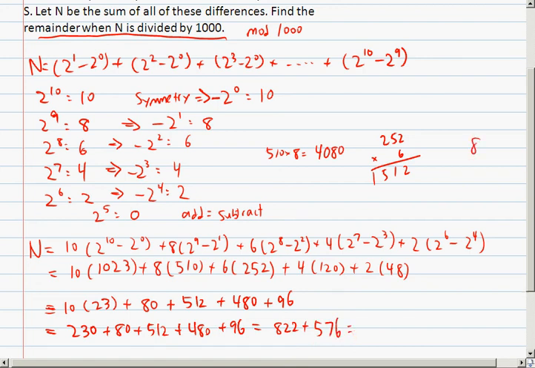And adding all of that together gives us 1398, and that is congruent to 398 mod 1000, leaving 398 as our final answer.